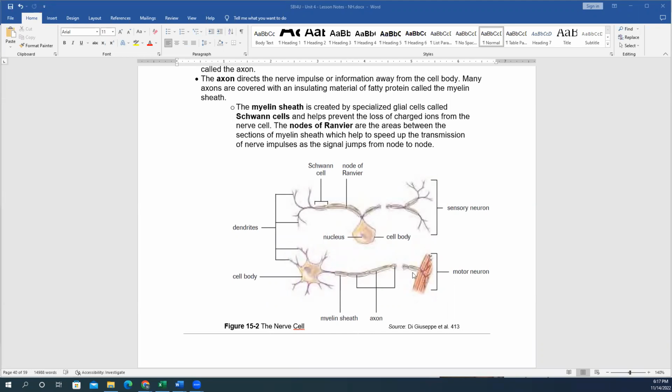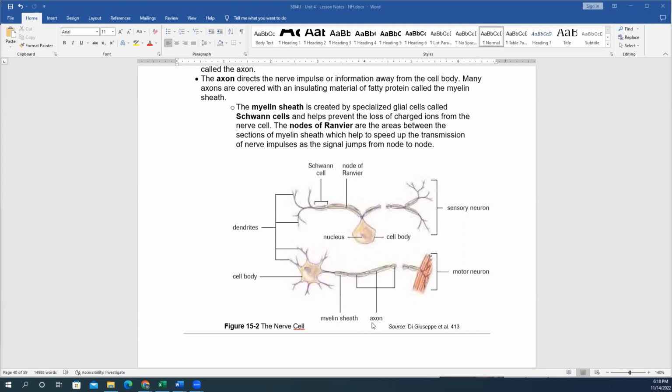Most of the time, these axons are covered with what is an insulating sheath that is made up of fats and proteins, and the name for this sheath is the myelin sheath.